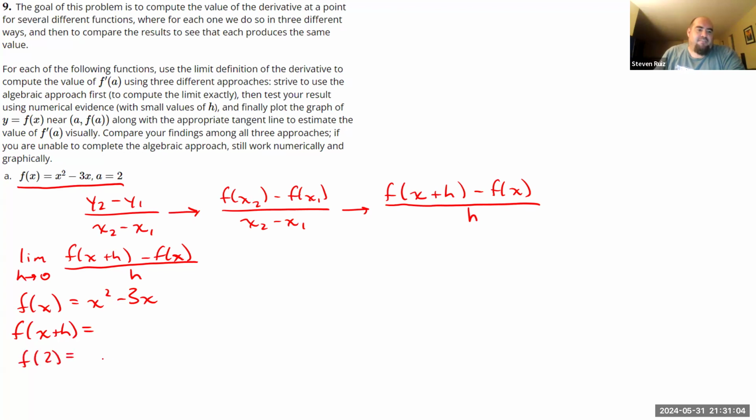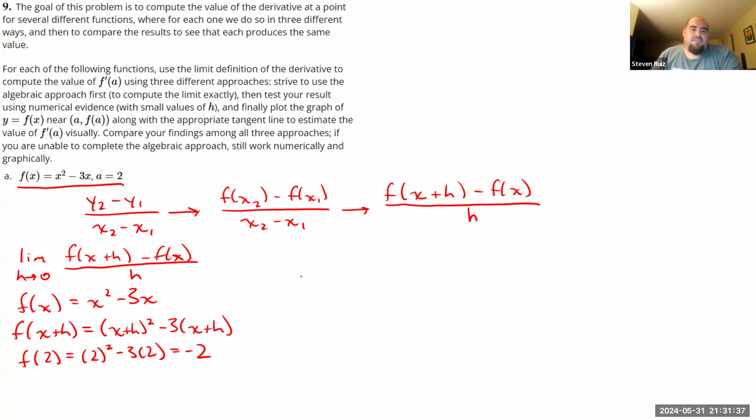Everywhere I see an x, I input a 2. So 2 squared minus 3 times 2, that's 4 minus 6, or negative 2. It's really no different when my input is x plus h. This becomes x plus h squared minus 3 times x plus h.